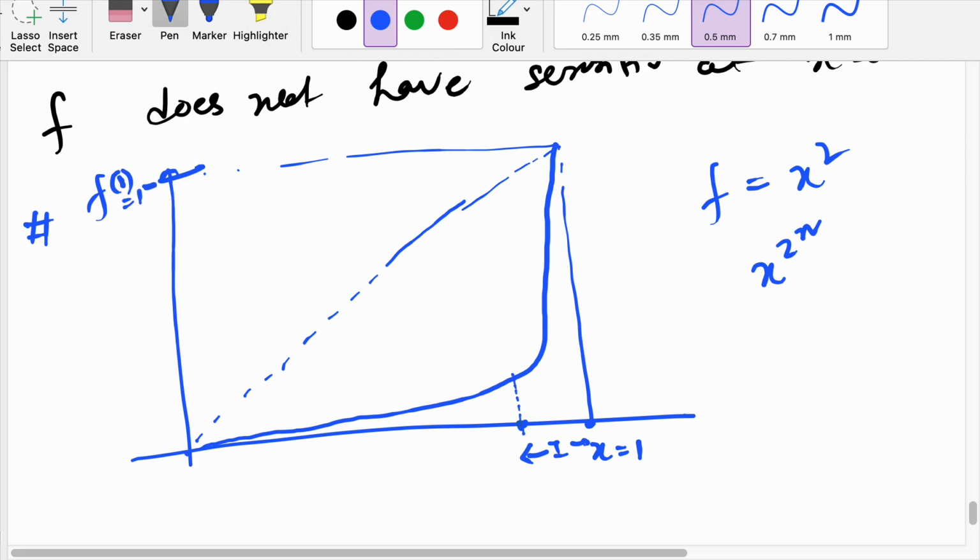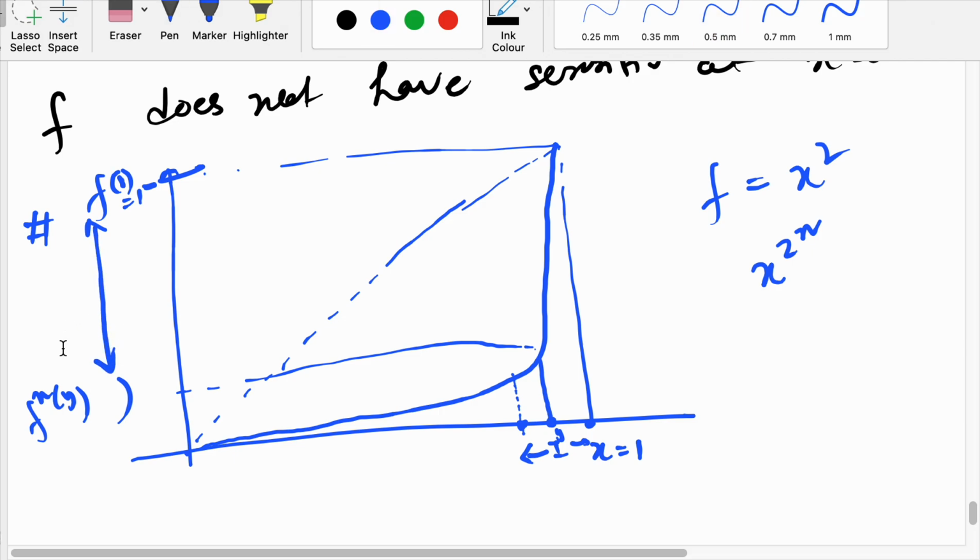But if we choose f(y) here, suppose this is your y, then f^n(y) will be this value here. Now you see the distance between f^n(1) and f^n(y). The distance is very large. Although the distance between x equal to 1 and y is very small, the distance after the nth iteration becomes very high.